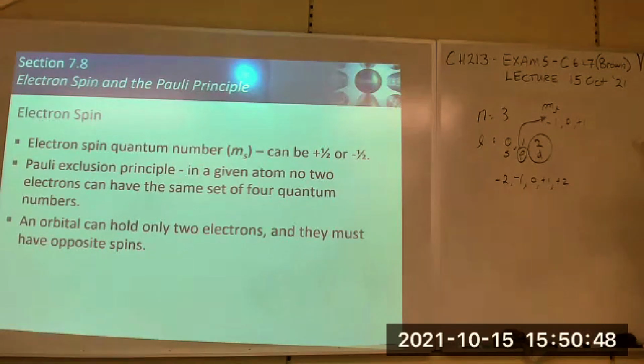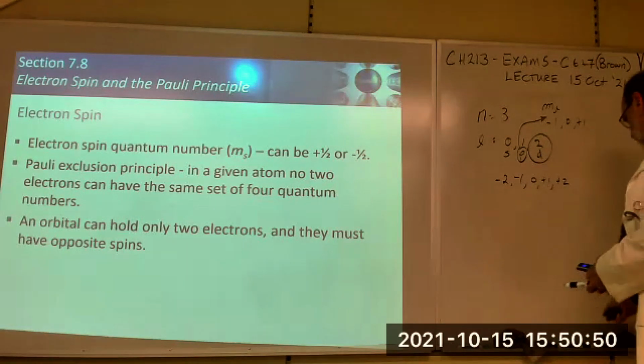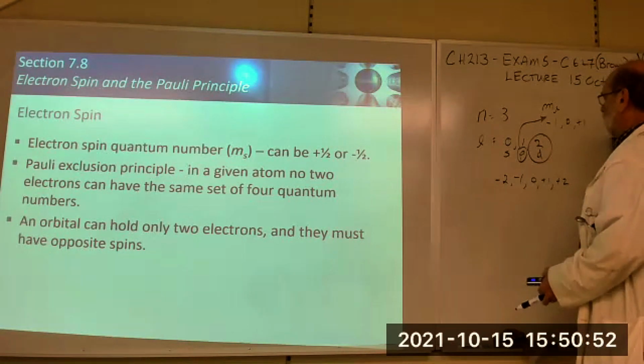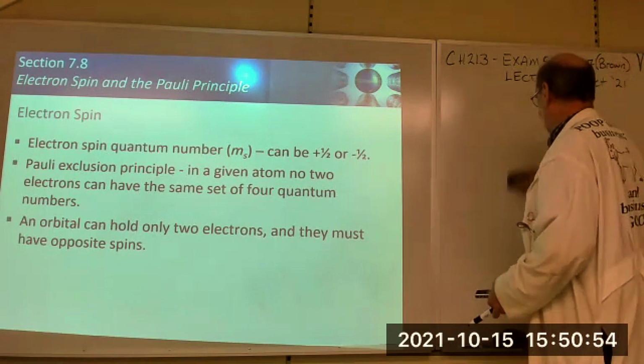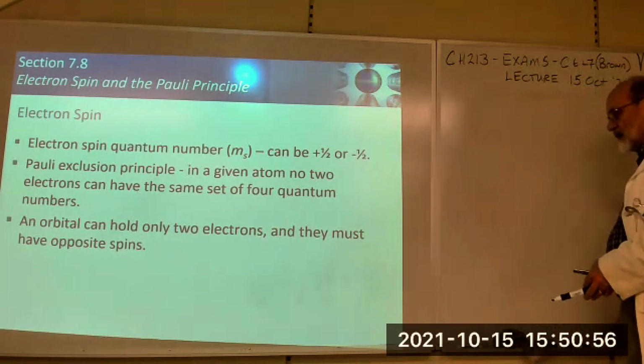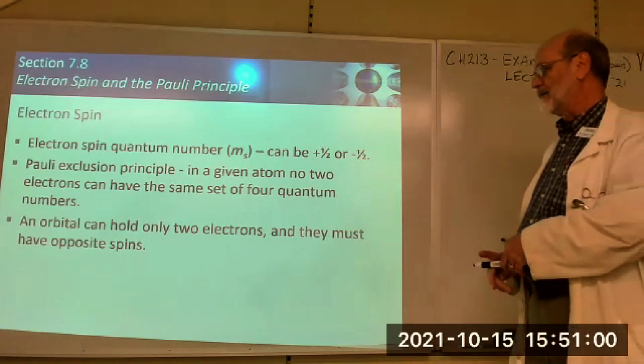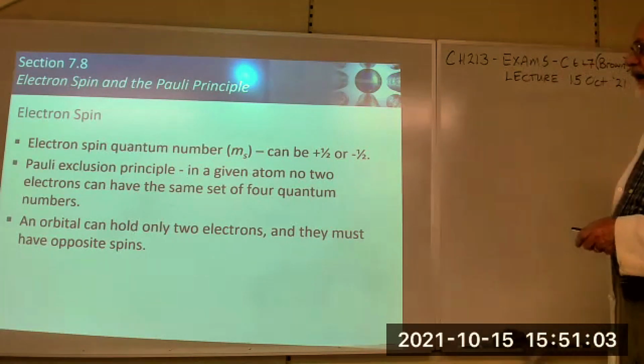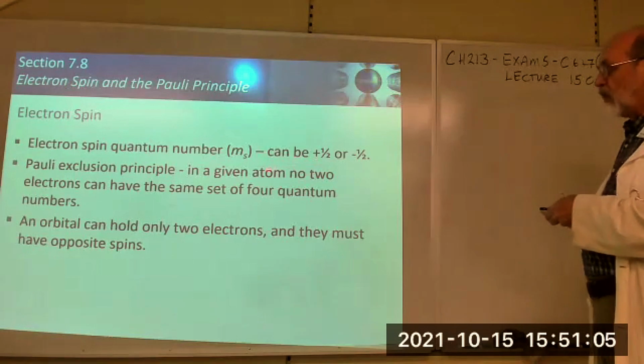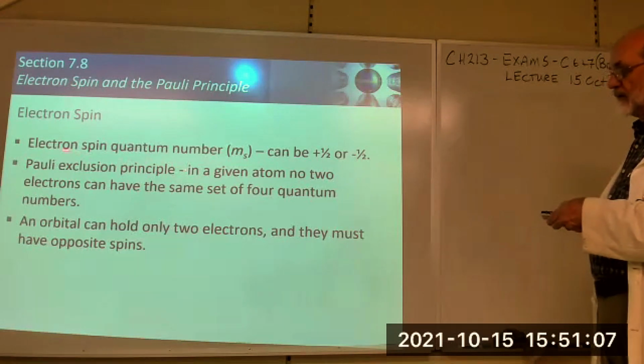And then electron spin. And this brings us to conditions that have to be met in order for a proposed electronic structure to be valid. This references one called the Pauli exclusion principle.